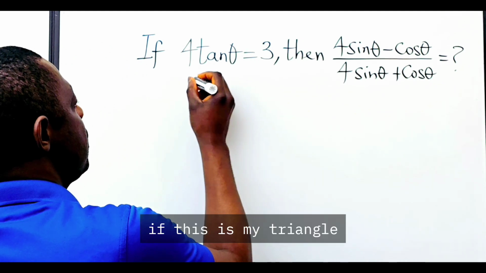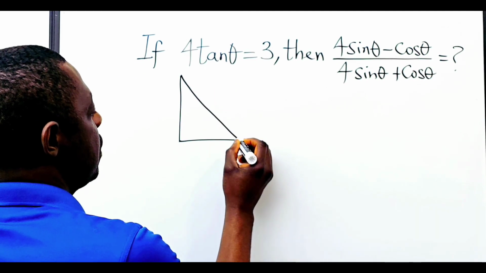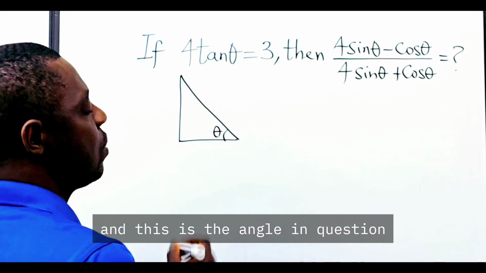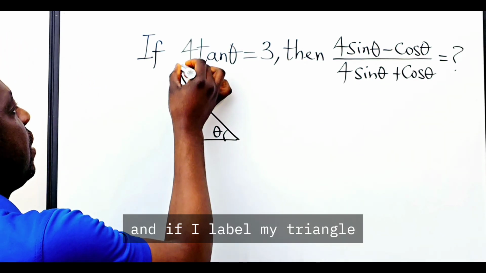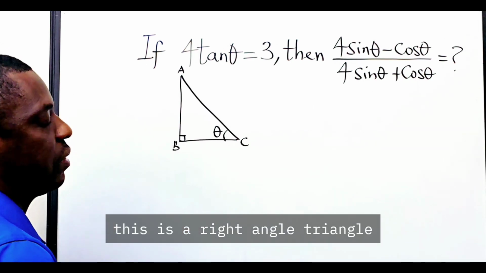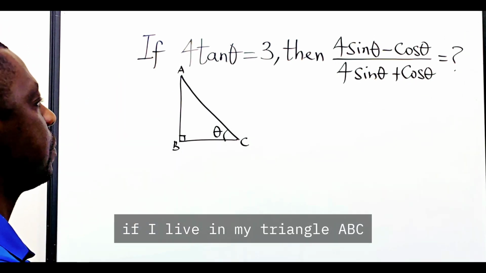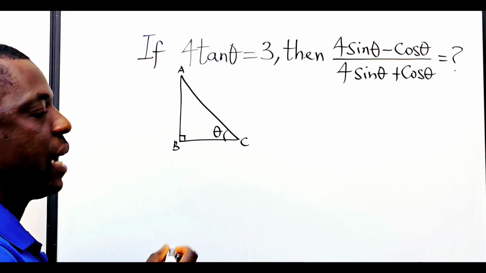So if this is my triangle, sorry, I'm not good at drawing, and this is the angle in question, and I label my triangle ABC, a right angle triangle.